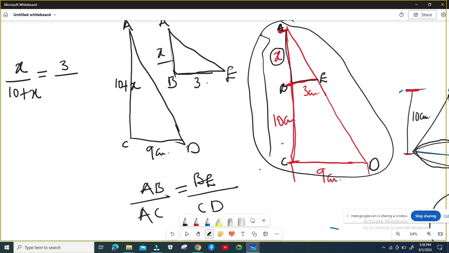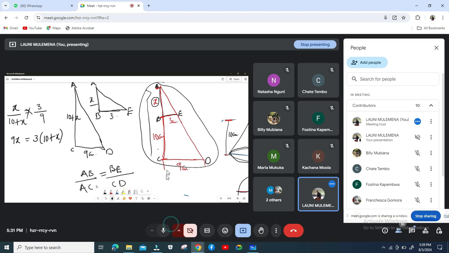At this juncture we can cross multiply: 9 times x is 9x, equal to 3 times 10 plus x. I've written the bracket because I don't want to make a mistake. When multiplying, multiplying 3 with 10 alone would be a very big mistake.